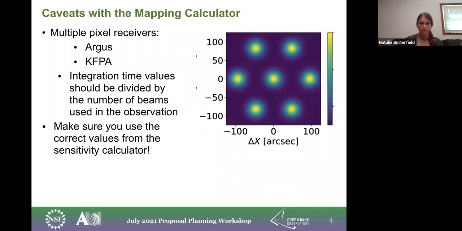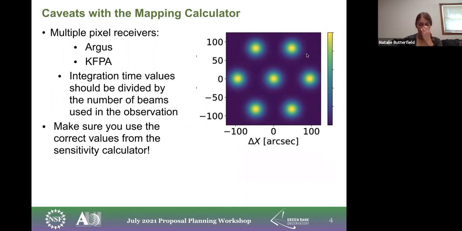Okay. All right, so caveats with multi-pixel receivers. As I mentioned at the beginning of the workshop, several of the receivers are multi-pixel receivers, for example Argus and KFPA.